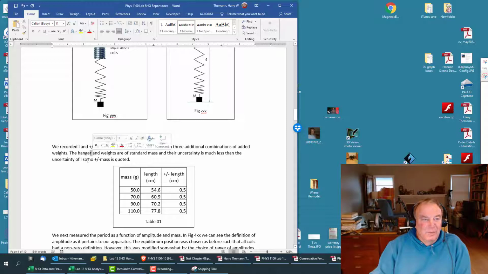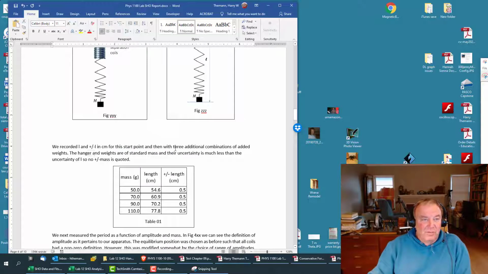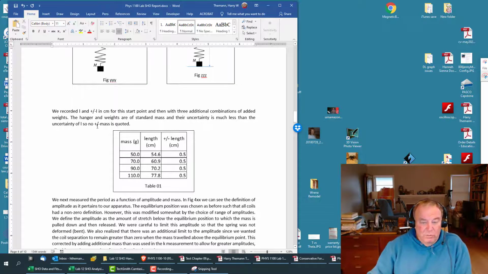And I comment, we didn't use any plus minus mass because, in fact, we used standard weights that had a known, standardized plus minus. We didn't weigh them. We did, of course, weigh them just to make sure that the numbers matched.